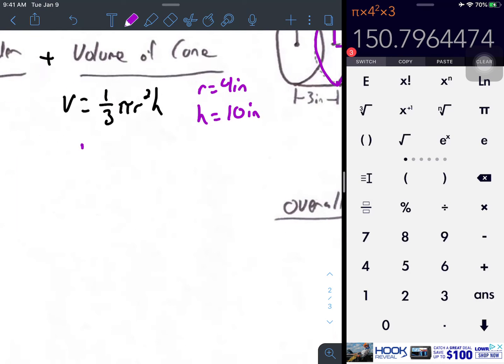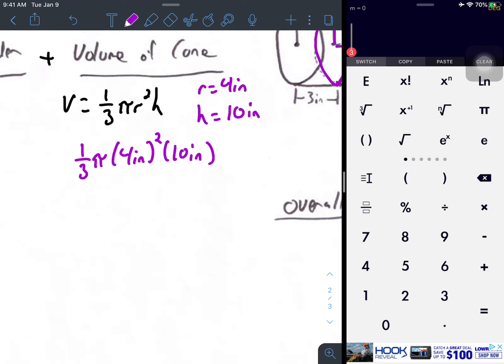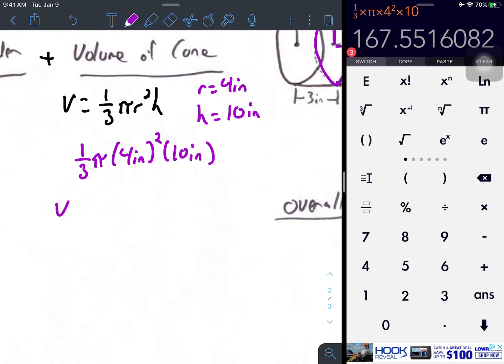So using our formula then, we have 1/3 pi, radius is 4 inches squared, and the height is 10 inches. So coming over to our calculator then, we type in 1/3 times pi times 4 squared times 10, which means that we now have a volume of about 167.6 cubic inches.